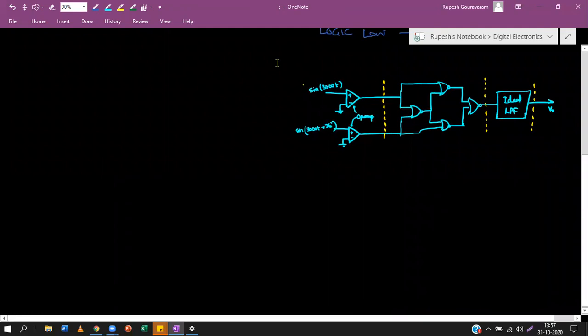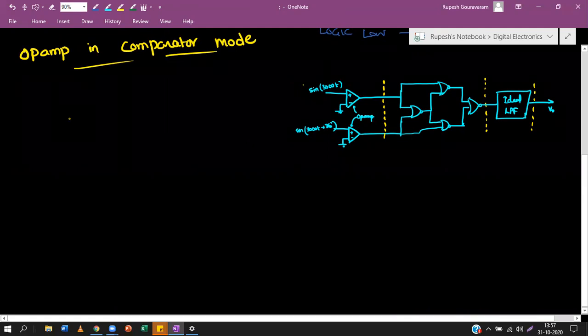Now, so this op amp is in comparator mode. Okay. So let us see about op amp. So first we learn about op amp in comparator mode. Okay. So let us take the picture of op amp again.